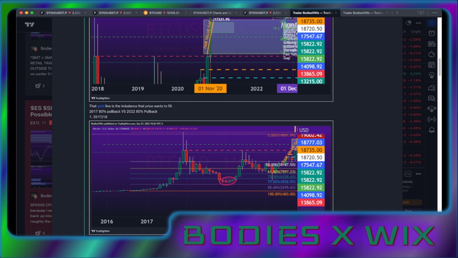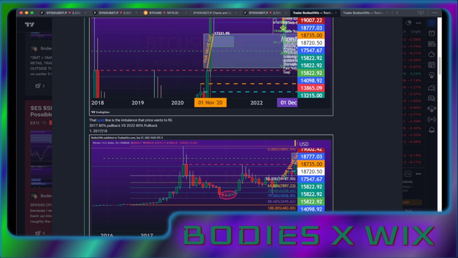Sorry if I'm taking up some time, but I realized there was one thing I had forgotten to put on this chart, and it's still not showing up. Hold on. I'll get it to show up, don't worry.